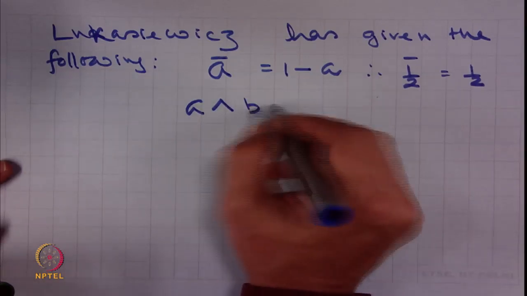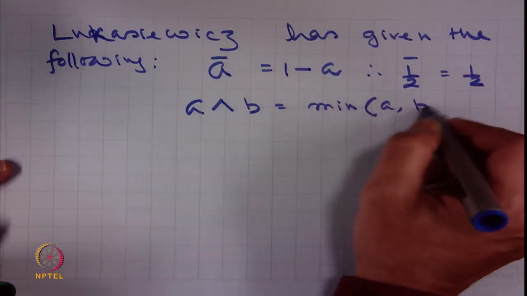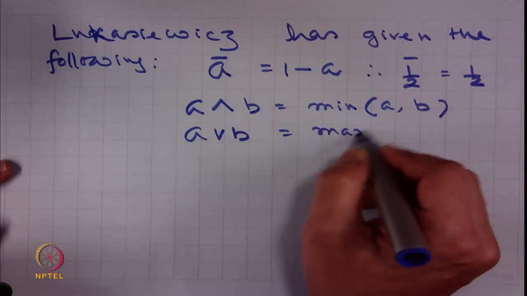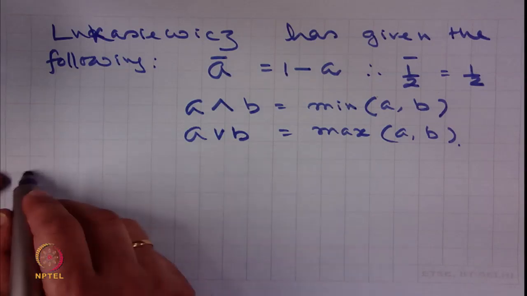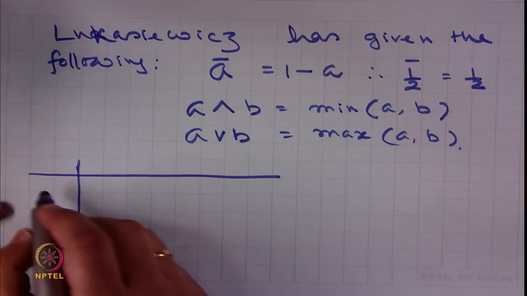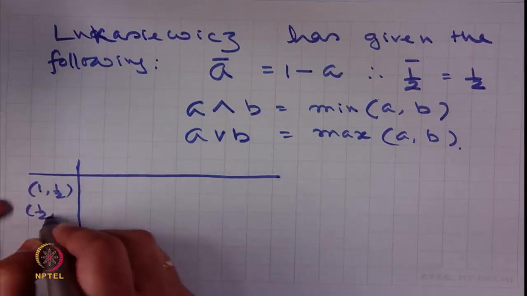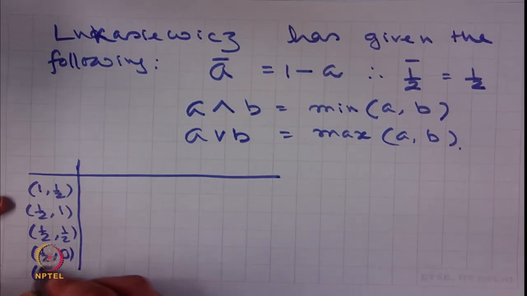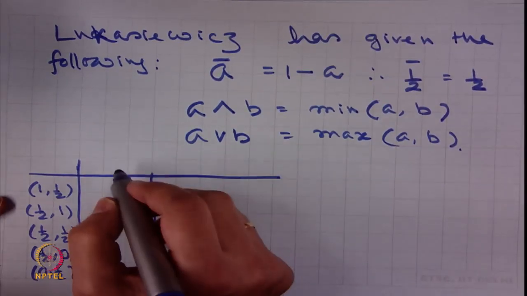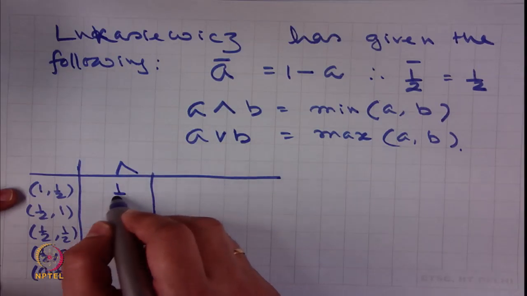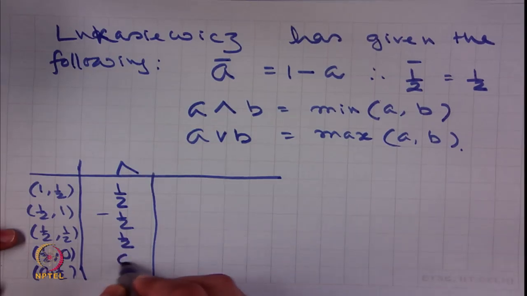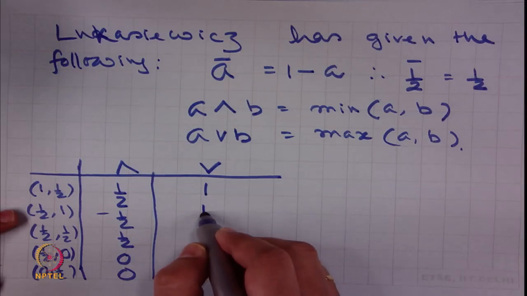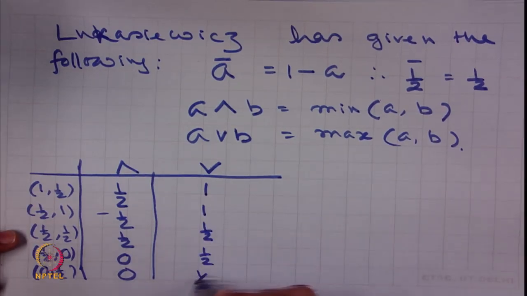A and B is equal to minimum of A comma B, and A or B is equal to maximum of A comma B. Therefore, with respect to the 5 pairs 1 half, half 1, half half, half 0 and 0 half, and is equal to minimum, that is half, half, half, 0, 0 and or is equal to maximum, that is 1, 1, half, half and half.